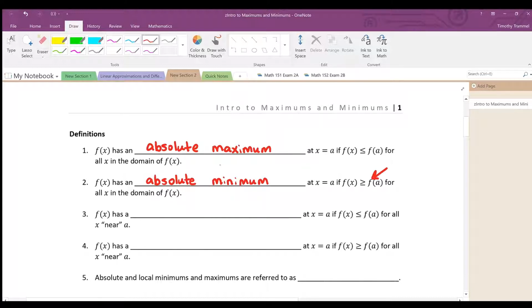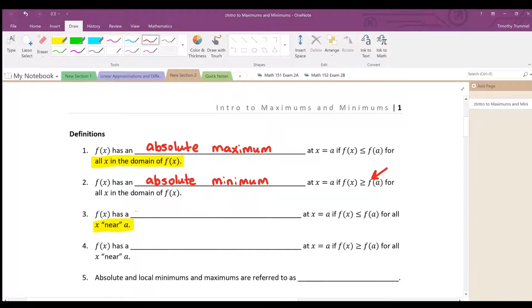Now, these next ones have a subtle difference. The inequality looks the same, the beginning looks the same, but there is this subtle difference here. One is for all x in the domain, and the other one is for all x near a.